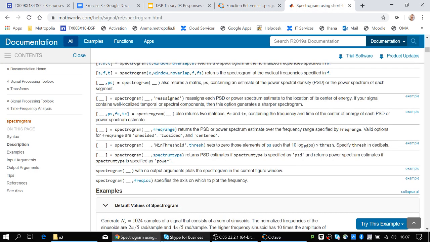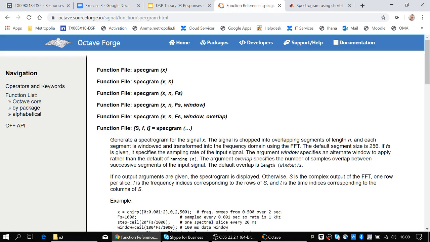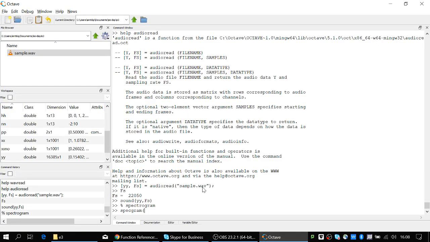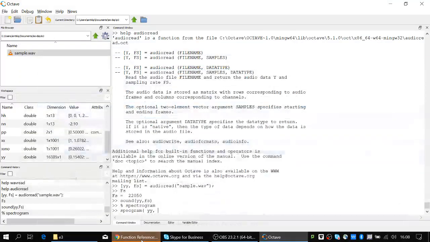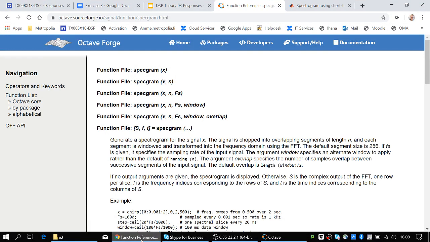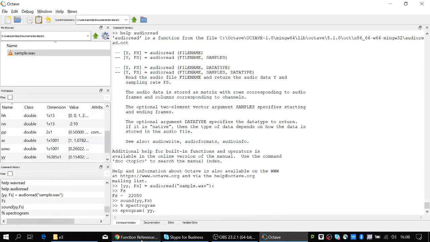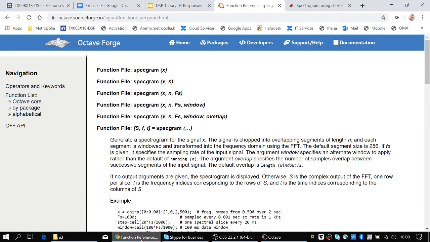The parameters for spectrogram are data, which is X. Well, that's my yy. Then we had the number of points in our, how does it go?